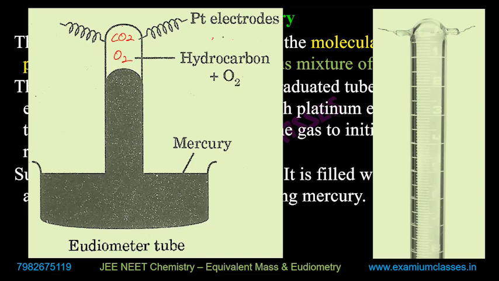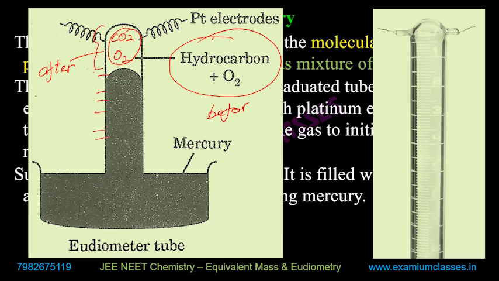This is written before the reaction. This is after. After the reaction, there will be carbon dioxide and oxygen. We will calculate the volume because this tube is graduated. This tells us how much volume is there. So we got the volume of CO2 and O2.